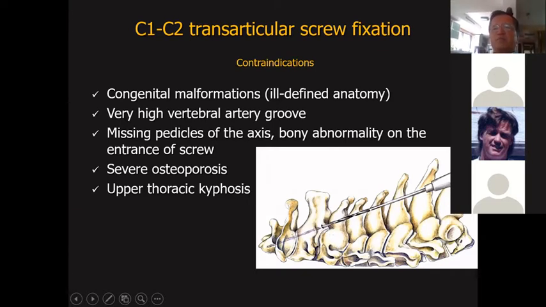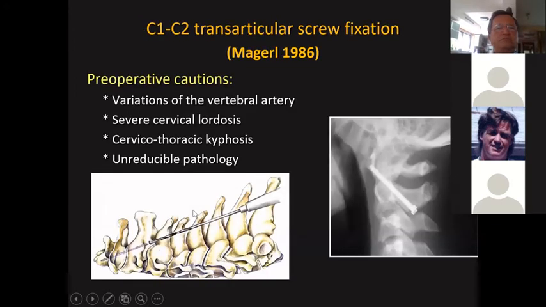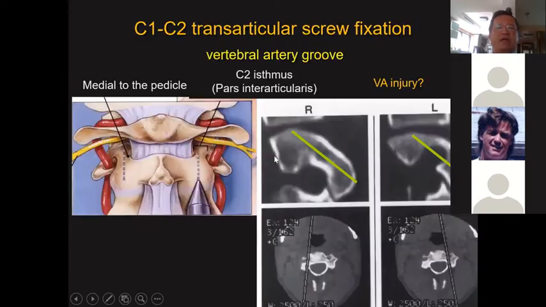Some surgeons may prefer to make another incision at T1, T2 level, so then your screwdriver will take an angulation like this. In case with severe osteoporosis and upper thoracic kyphosis, it's not recommended. And another thing is the variations of the vertebral artery.